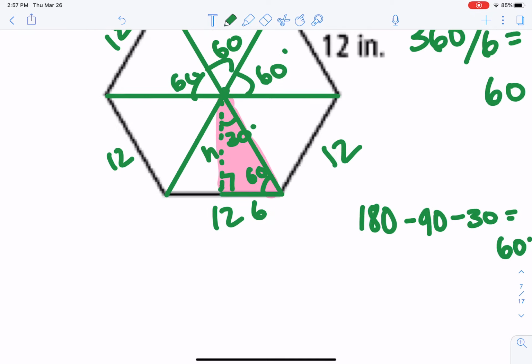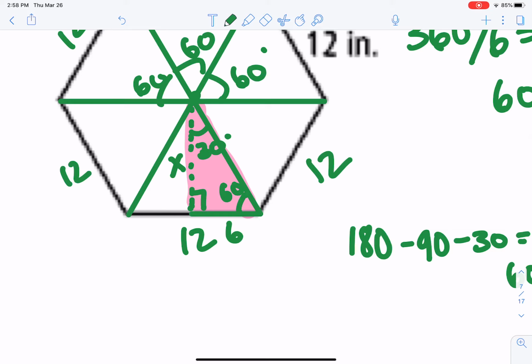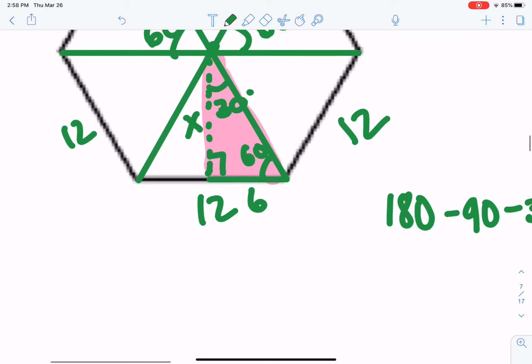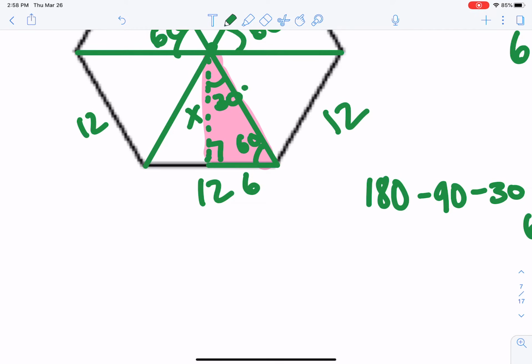So if I'm trying to find that height right there, let's just call it X. I can either use the 30 degrees or the 60 degrees, either one, and then do trig from there. I'm going to use the 60 degrees just because. So if I'm looking at 60 degrees, I have the opposite from it, which is X, and I also have the adjacent, which is 6.